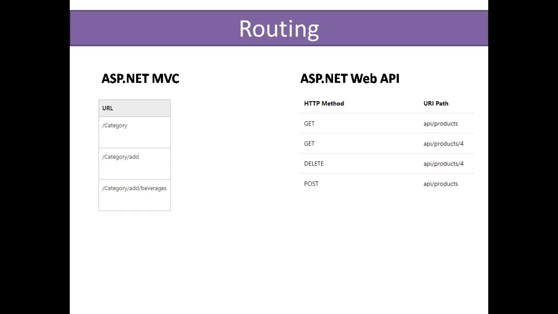As you know, routing is a pattern matching system that monitors the incoming request and figures out what to do with that request. A URL pattern is matched against the route patterns defined in the route dictionary.